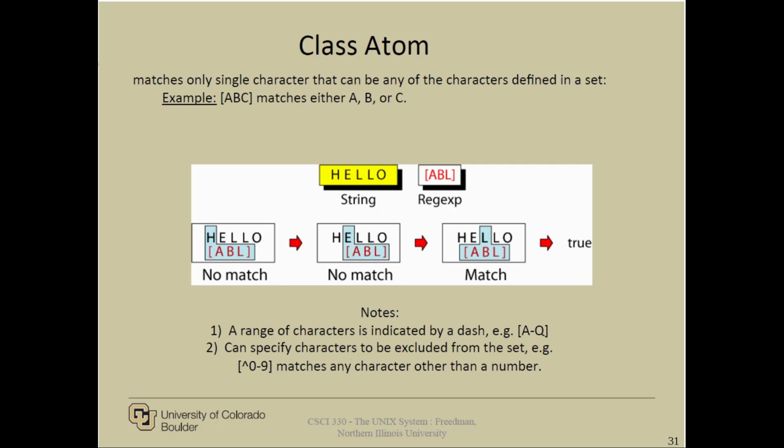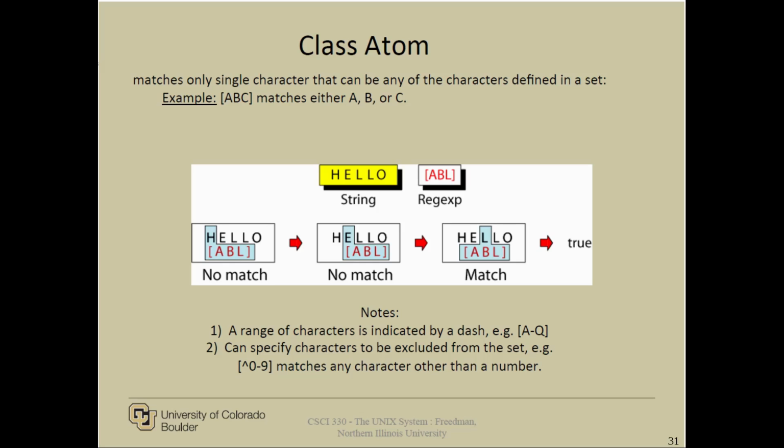Now the class atom is where we start to see the power of regex. The class atom will match one character with any of the characters defined in the set. So here we see the set of characters in this example is ABL. What that's going to do is compare that character H to any character in that set and match it, but only one character.